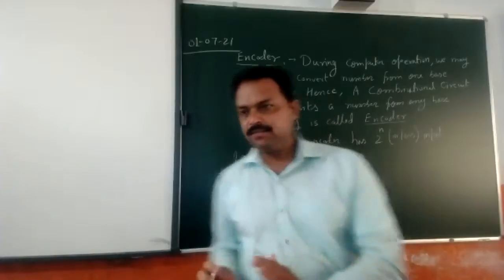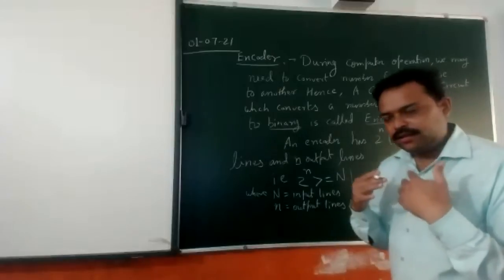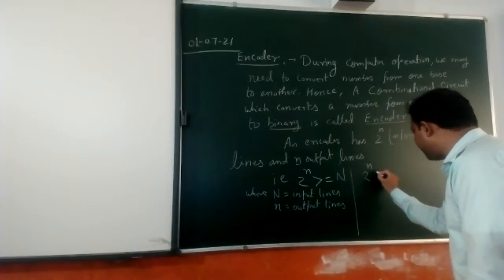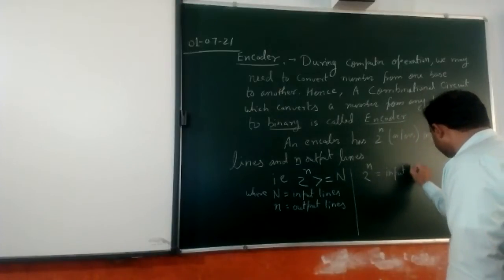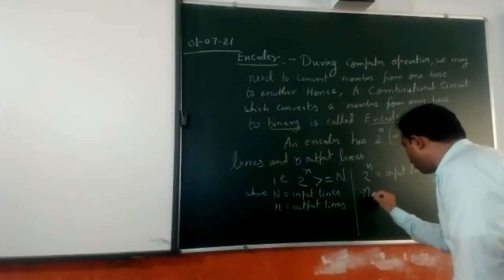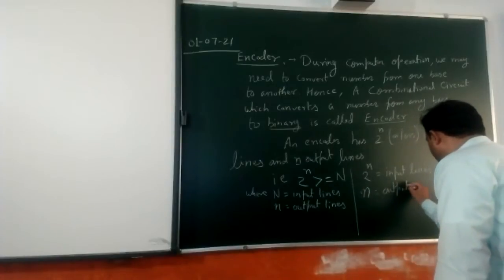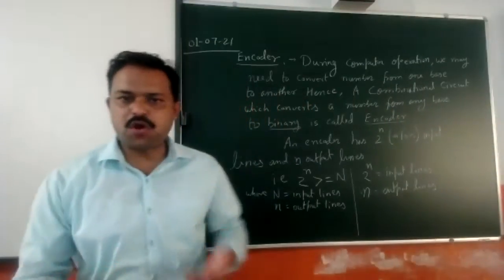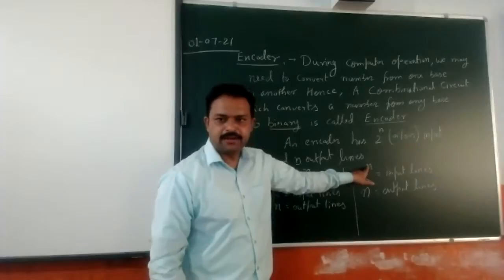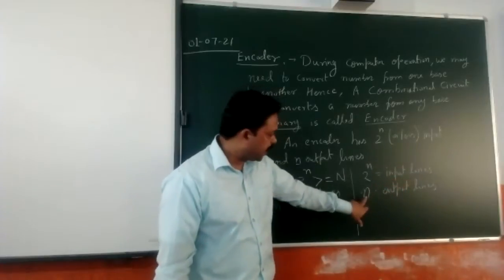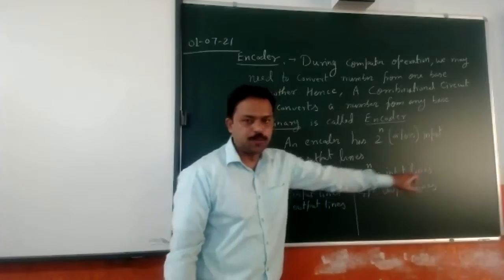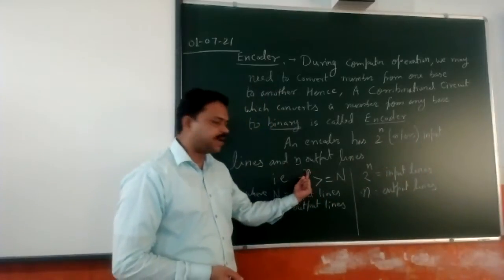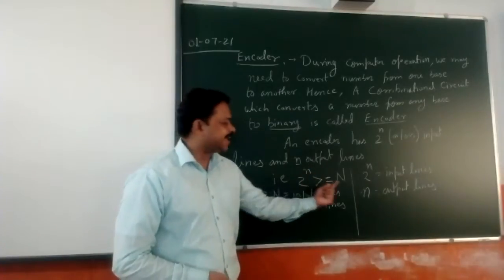In an encoder we will have 2 to power n input lines and small n output lines. Here I am representing 2 to power n with capital N. Capital N means input lines, small n means output lines. So an encoder has 2 to power n input lines and small n output lines.